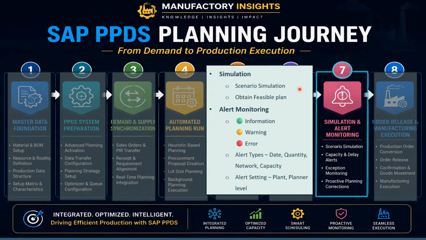By considering multiple attributes, the planner may want to select or adopt a particular simulation version. That option is available as standard in PPDS. The planner can create multiple simulation versions by optimizing the plan, and they can adopt the feasible plan for the execution.